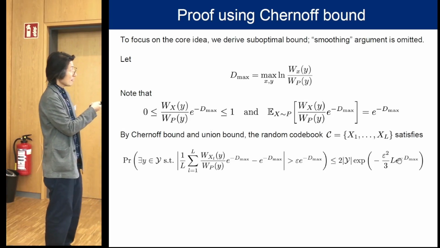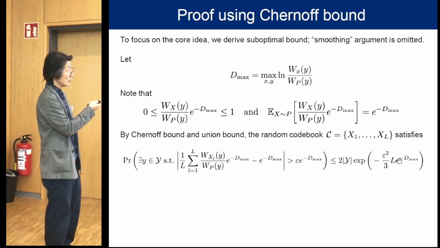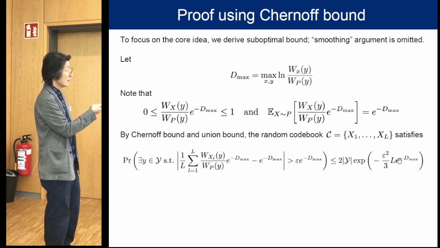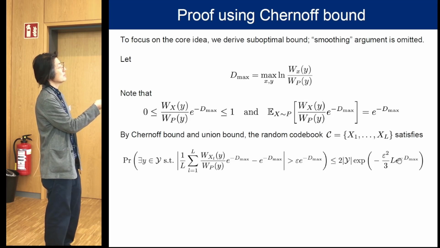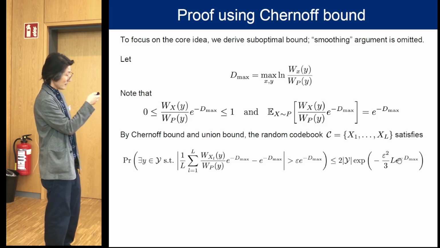And we apply Chernoff bound and also union bound. Then the probability that this empirical average deviates from e to the minus d max, which is the mean of this, by the factor of epsilon times e to the power minus d max, can be bounded exponentially like this.